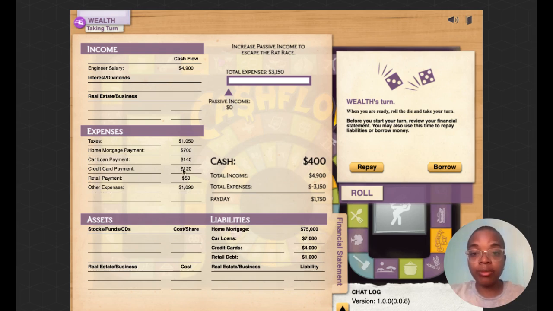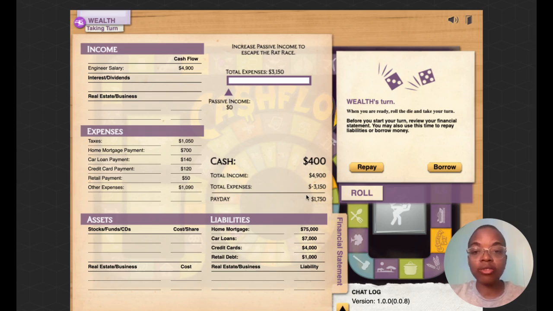So, in order to understand my payday, I take my total income, which is $4,900, and I subtract my total expenses. All of these total expenses add up to about $3,150. Then I can understand what my payday is.